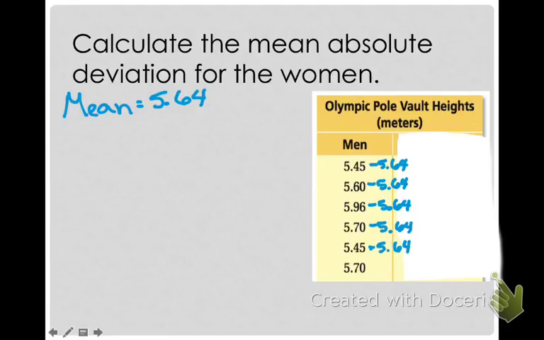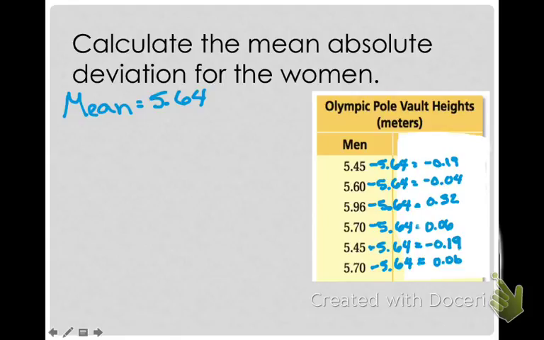Okay, so now this is where I'm going to grab my calculator and I'm going to be doing a lot of math work real quick. And so why don't you grab your calculators and do the same. Alright, so as you can see I went through and subtracted each of them.